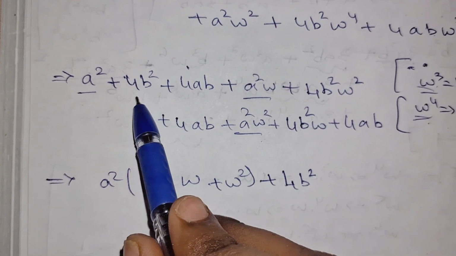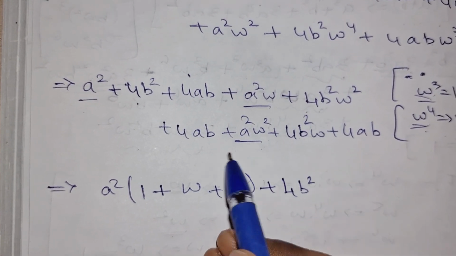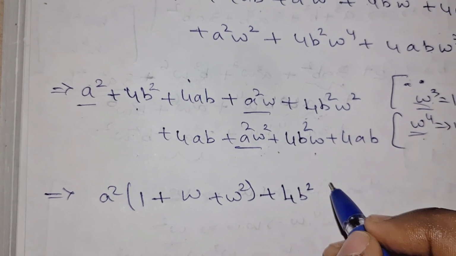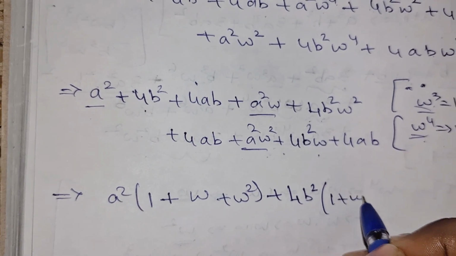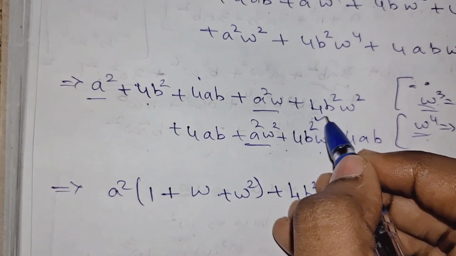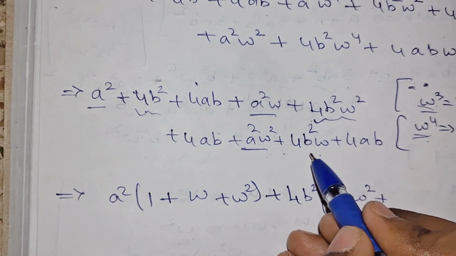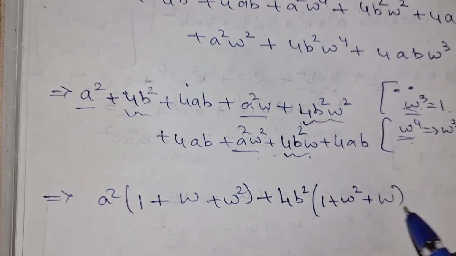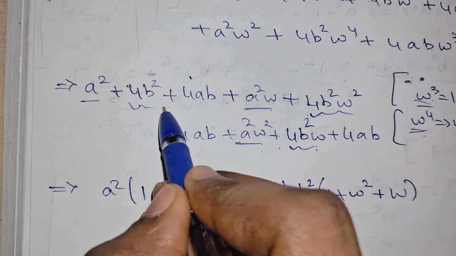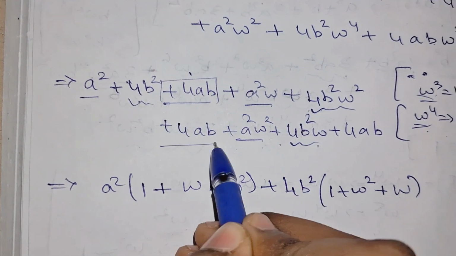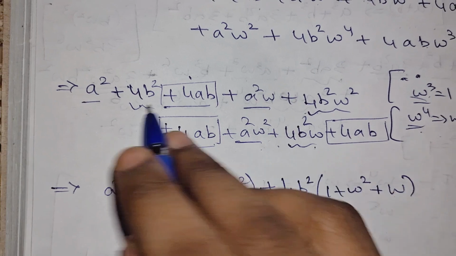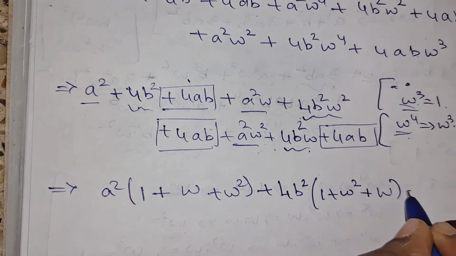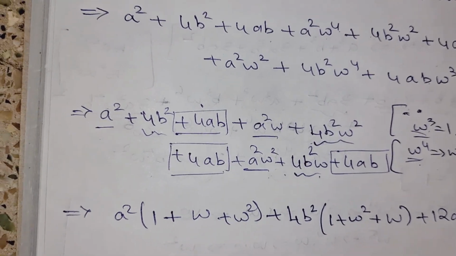The 4b square term is there, so I can take 4b square common. I will be left with 1 plus omega square plus omega. Now here we have 4ab, here also we have 4ab, here also we have 4ab with all positive signs. We can add these three terms, we will get 12ab.